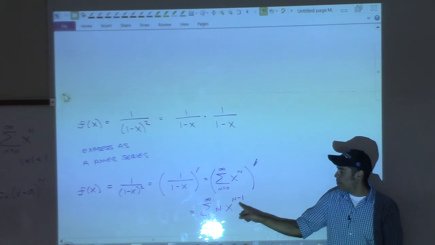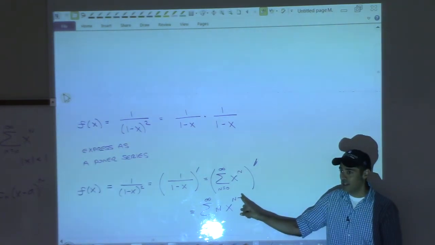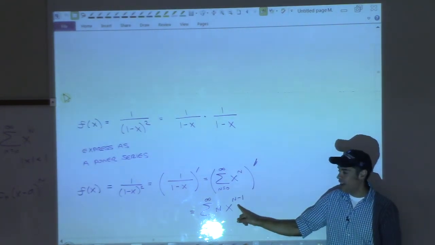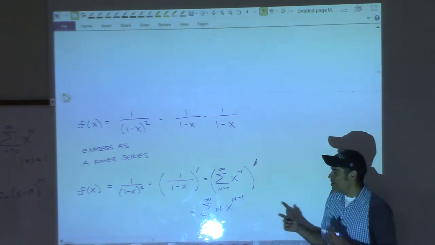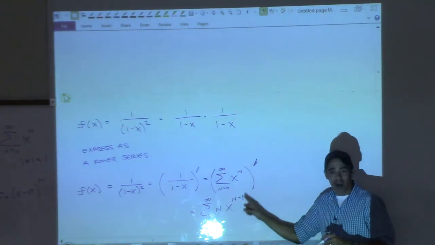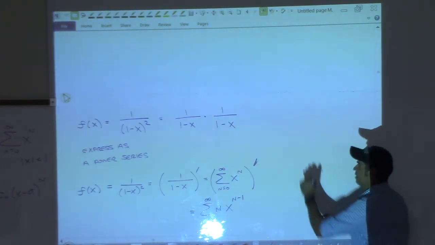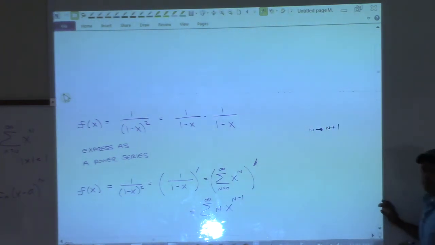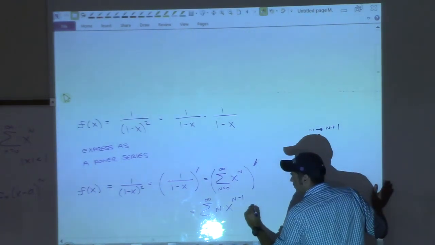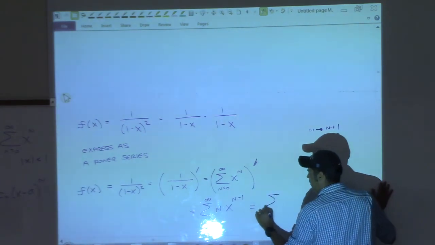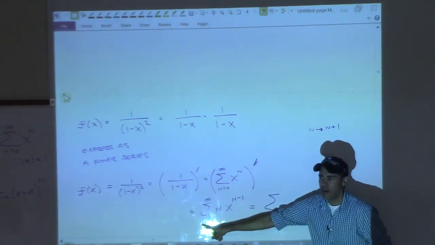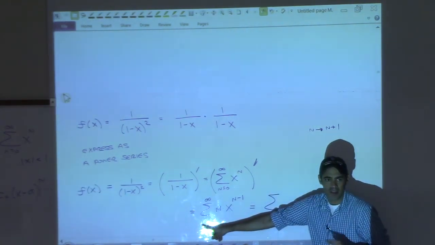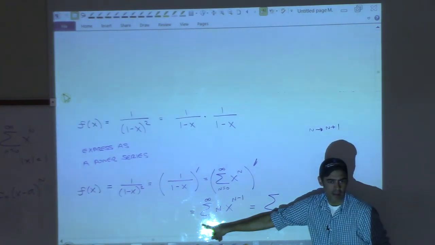So what would I need to replace n with to make that expression equal to n? I need to replace n with n plus 1, right? n with n plus 1, everywhere I see it. Okay, let's do that. If I replace that n with n plus 1 and then solve for n, what would I get? n equals 0.